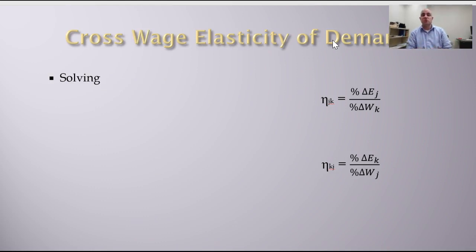Now let's talk about the cross-wage elasticity of demand. The cross-wage elasticity of demand is a measure of how responsive the demand for one input is to a change in the pay of another. When you talk about the cross wage, it's how one type of labor is affected by a change in the wage of another.